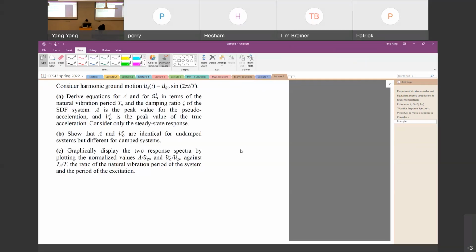Part C, we are required to graphically display the two response vectors by plotting the normalized values versus the ratio between the natural period of the structure and the period of the excitation.